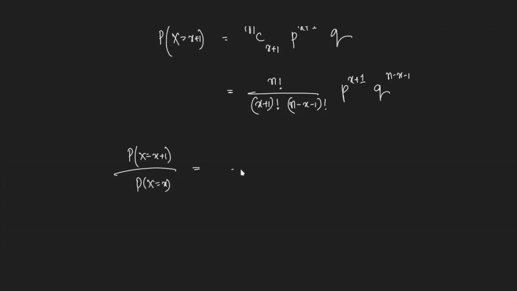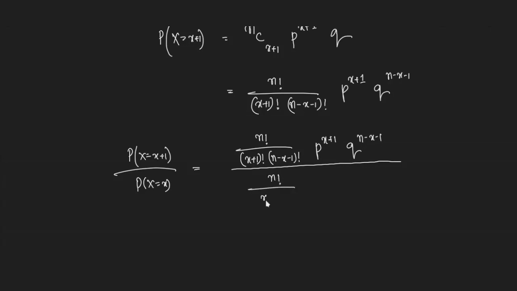So we will get n factorial over x plus 1 factorial n minus x minus 1 factorial, p to the power x plus 1 q to the power n minus x minus 1, the whole divided by n factorial over x factorial n minus x factorial, p to the power x q to the power n minus x, right?